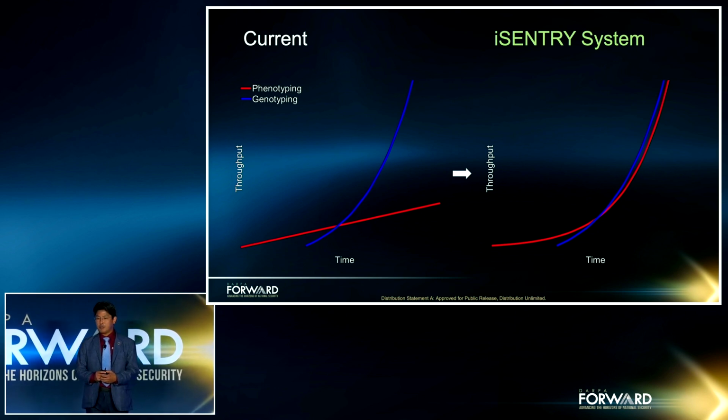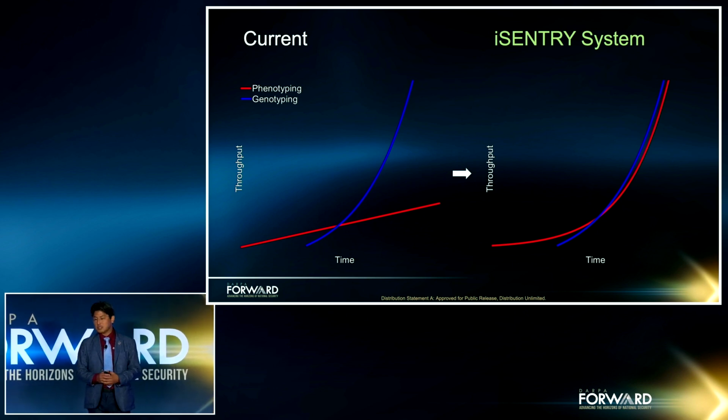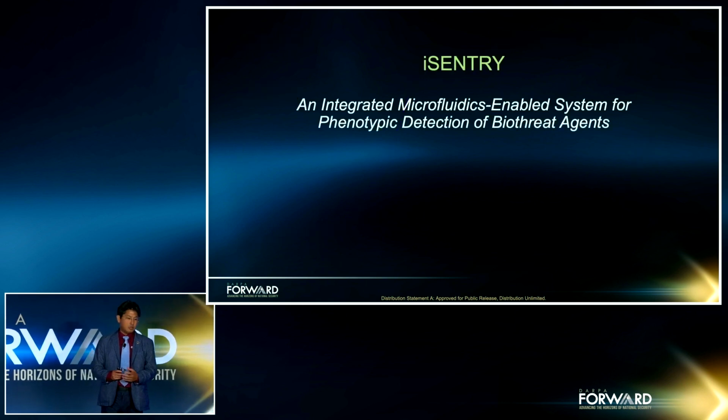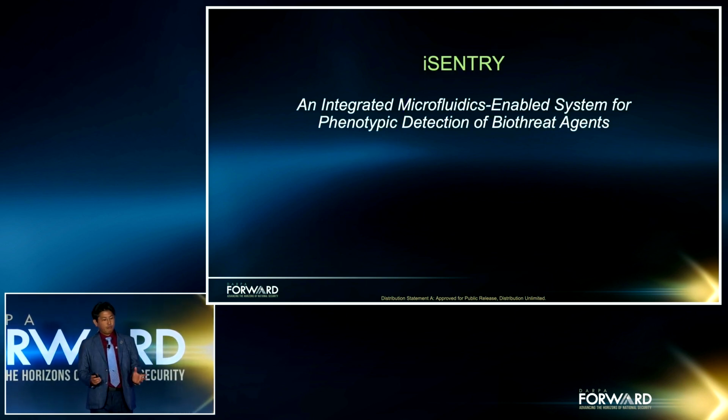However, phenotyping, in other words, analyzing the functions, has not. So the goal of our iSentry system is to rapidly advance the field of single-cell phenotyping as well as bacterial threat assessment. The iSentry system is an integrated microfluidics-enabled system for phenotypic detection of biothreat agents.